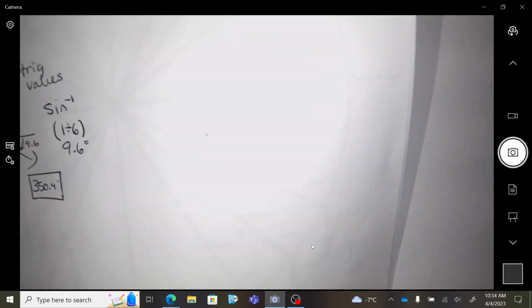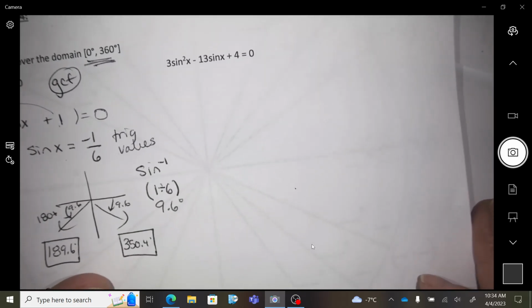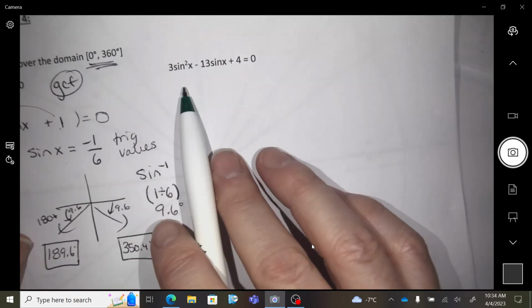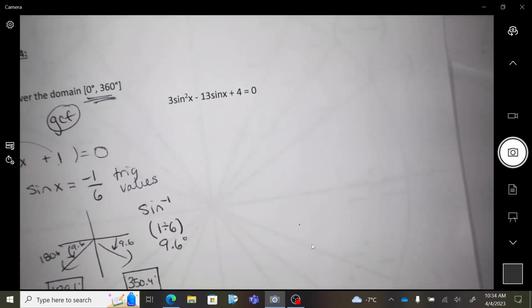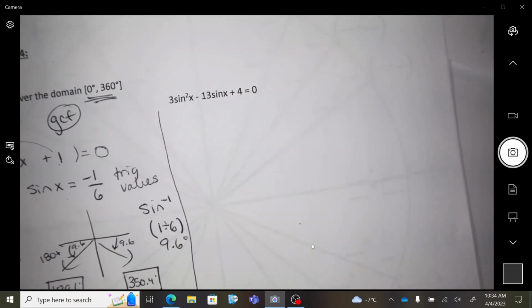Okay. 2 more challenging ones. Algebra branch. I got 2 variables, sine squared and sine. Those are different variables. So I zeroed out. So the next puzzle piece is, does it factor? Which style?